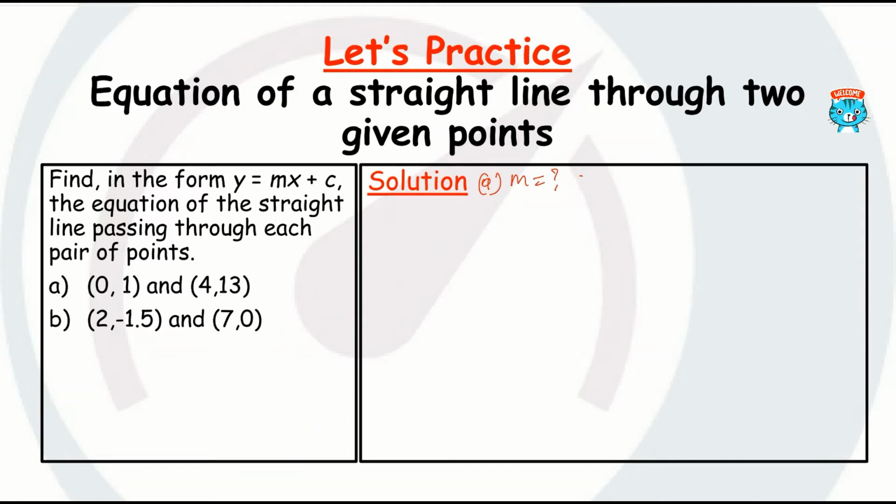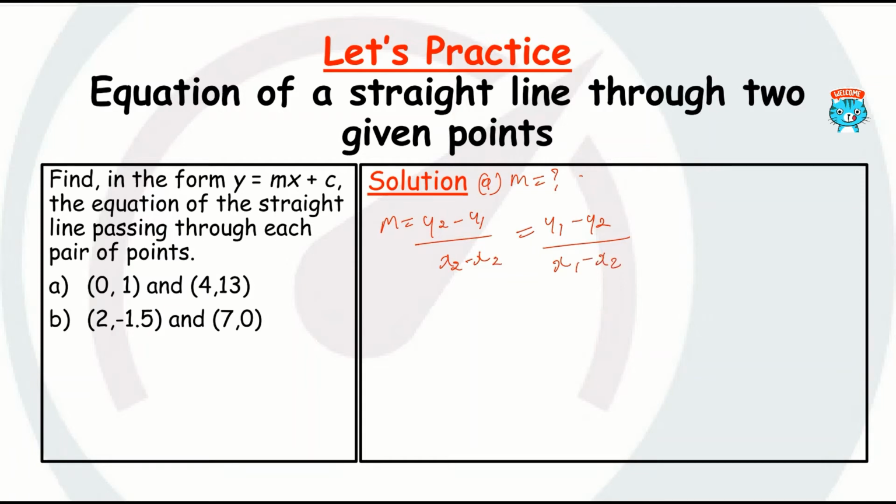In our last video we looked at the formula m equals y2 minus y1 over x2 minus x1, which we declared is equal to y1 minus y2 over x1 minus x2.